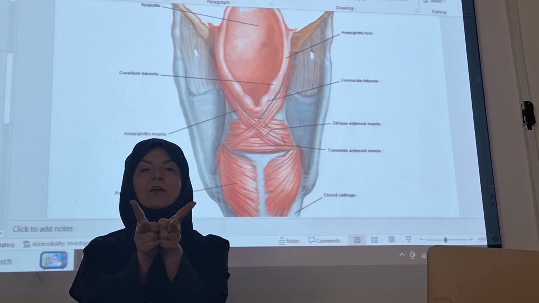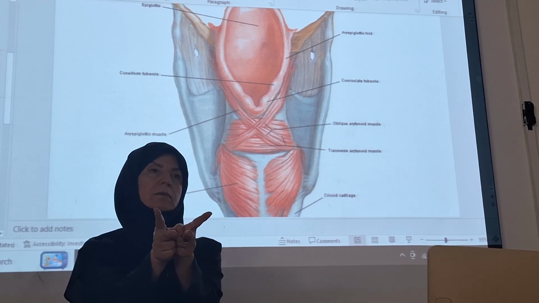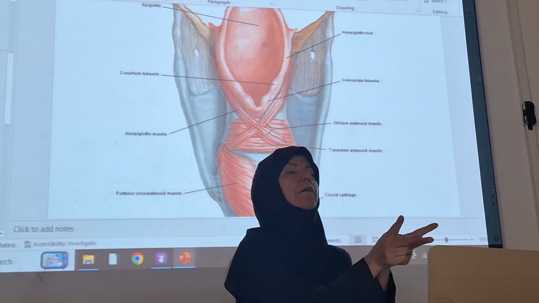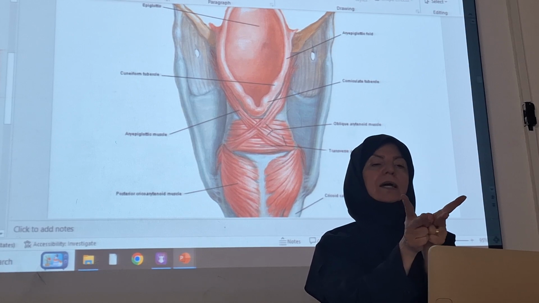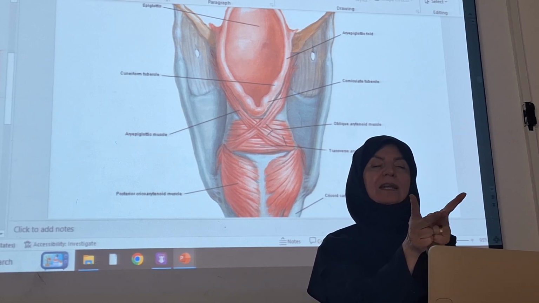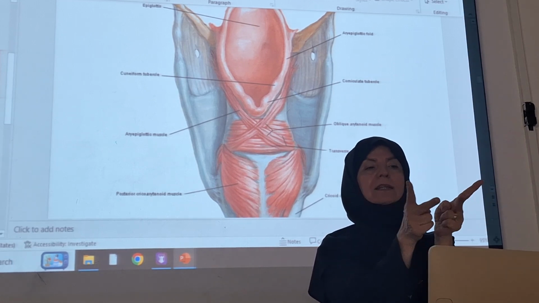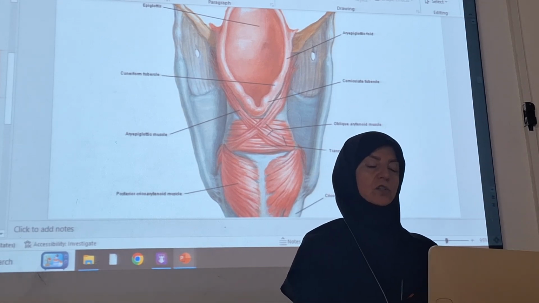The rima vestibuli is larger, and the rima glottidis is smaller. When the vocal cords come near to each other, the rima glottidis is very narrow. When the arytenoids are abducted, the vocal cords go far from each other and the rima glottidis gets larger.